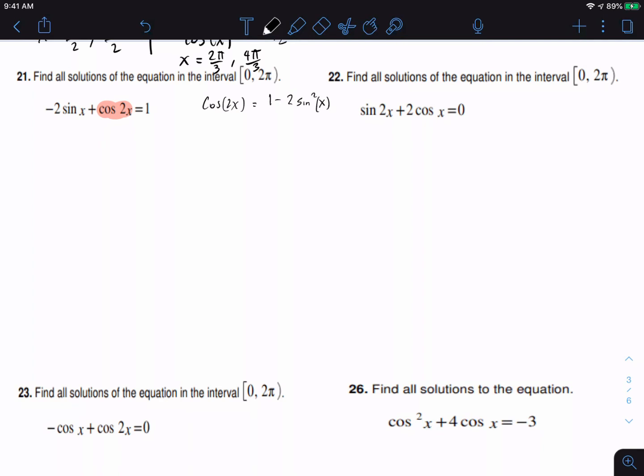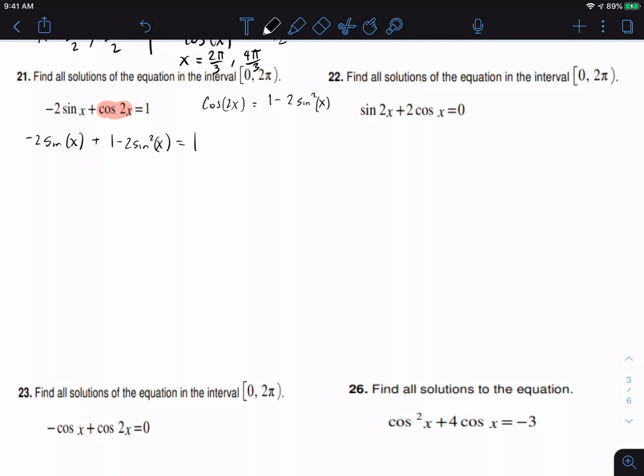So it's important that when you do these problems, you go back to note 7 and get all those identities and write them down so that they're easily accessible, because otherwise you wouldn't know that cosine of 2x can be changed to something in terms of sine. Okay, so then this is going to be negative 2 sine of x plus 1 minus 2 sine squared of x is equal to 1.